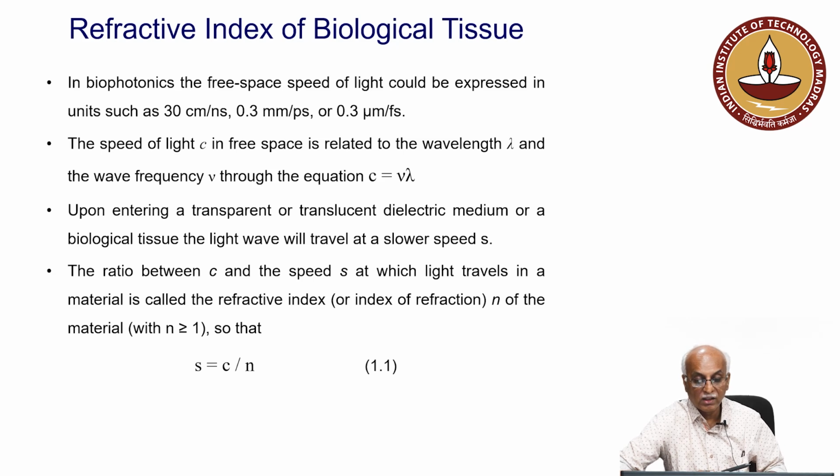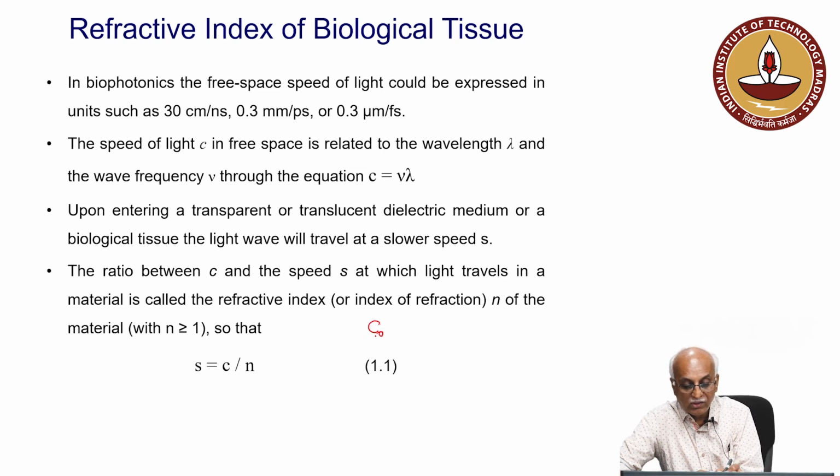And another aspect associated with the previous: as we understood, the speed of light in free space is c0, which is 1 upon square root of mu 0 epsilon 0, while the speed of light in a dielectric medium is given by 1 upon square root of mu epsilon.